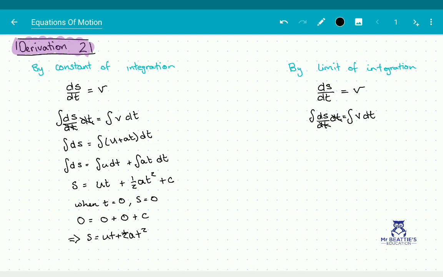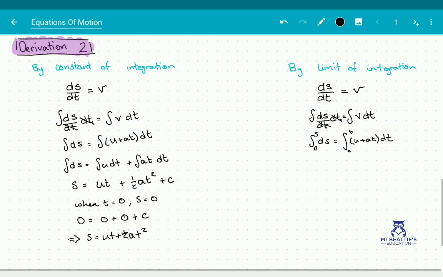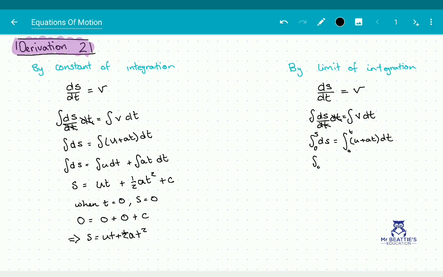And so in your next line, you have the integral from 0 to s ds is equal to the integral from 0 to t of u plus at dt. I'm going to separate that out into two integrals again. So we're going to have from 0 to s ds is equal to the integral from 0 to t of u with respect to t plus the integral from 0 to t of at dt.